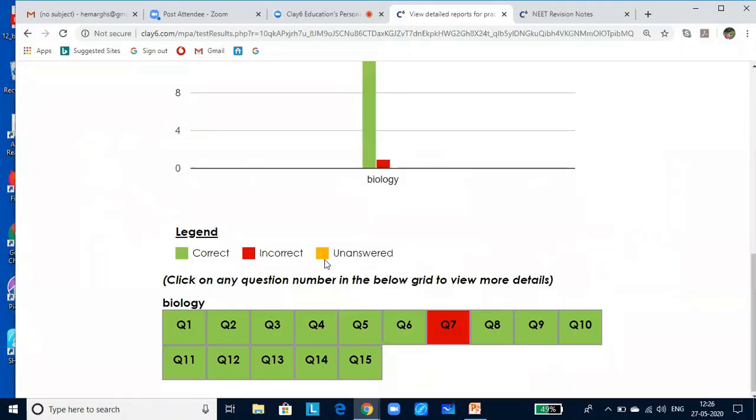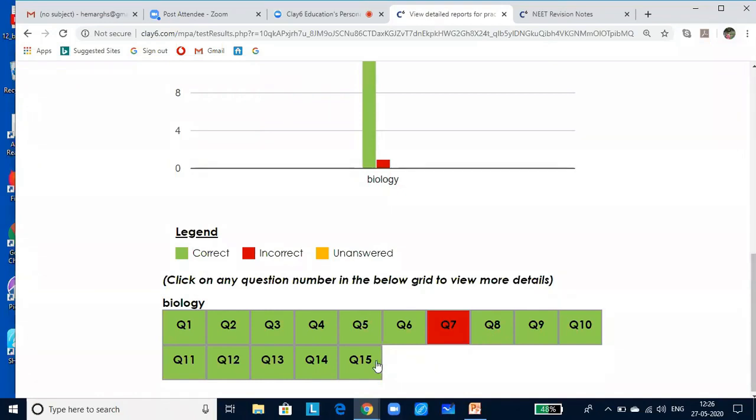Now if there is a yellow tile for a question, once you click on that tile, you are going to get the answer along with the explanation. Since it has negative marking, if you are not thorough with the answers, please understand that you should not answer it.